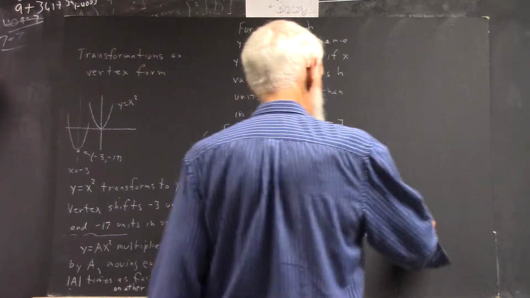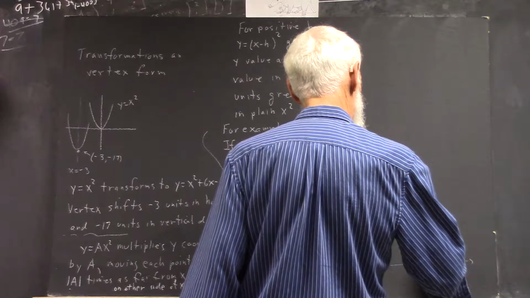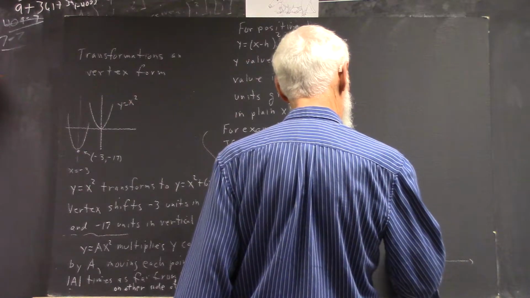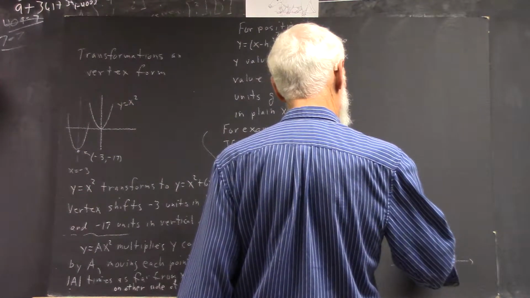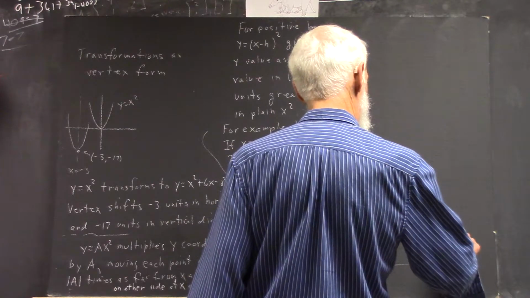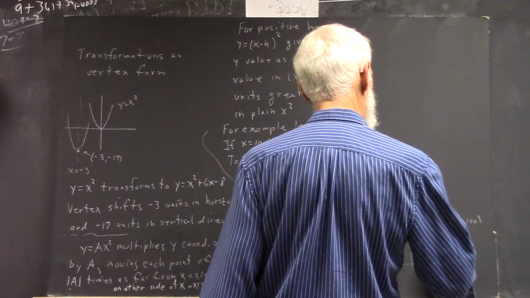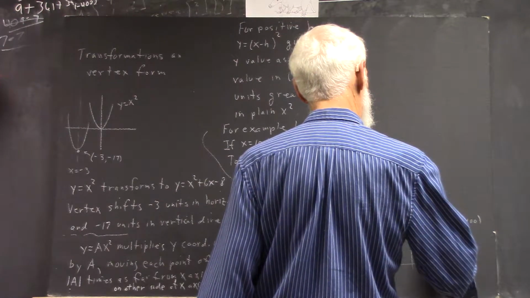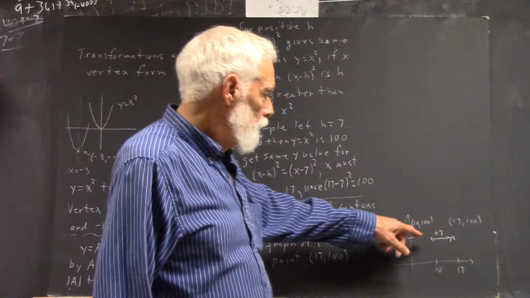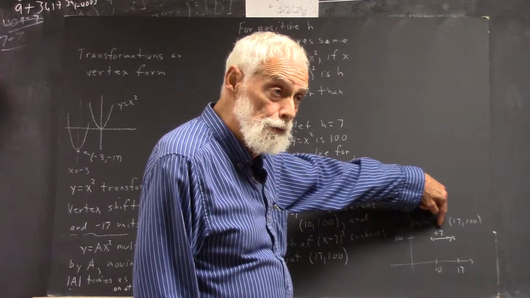So you can draw that. So you got the point 10, 100. And to get this point from this one, you got to shift it over 7 units to the right.